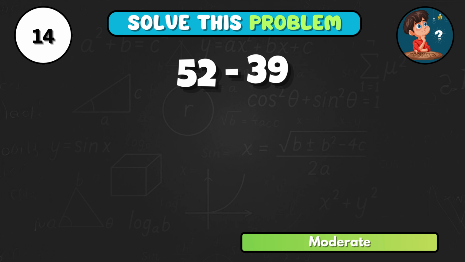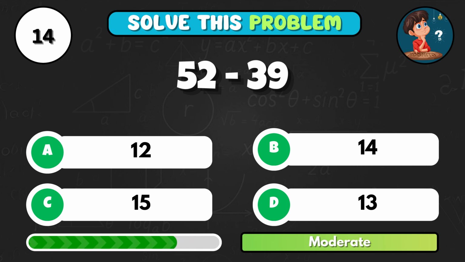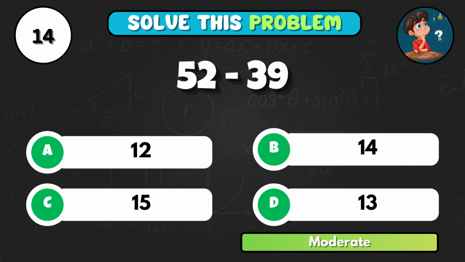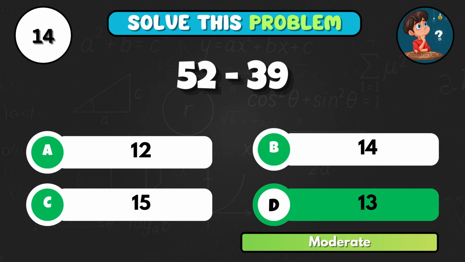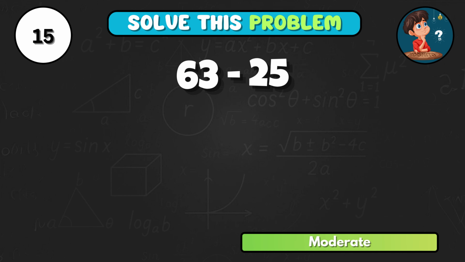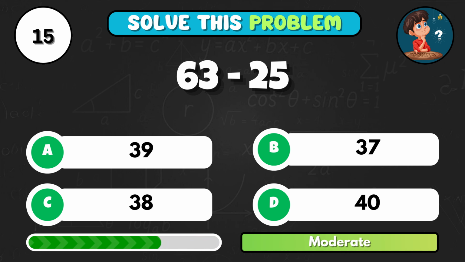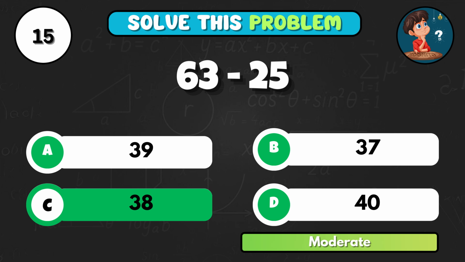What is 52 minus 39? Correct answer is D. The result is 13. Can you subtract 25 from 63? Option C is right.